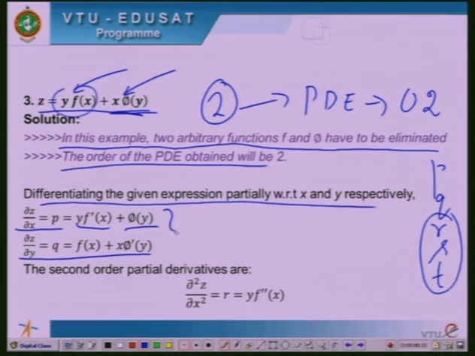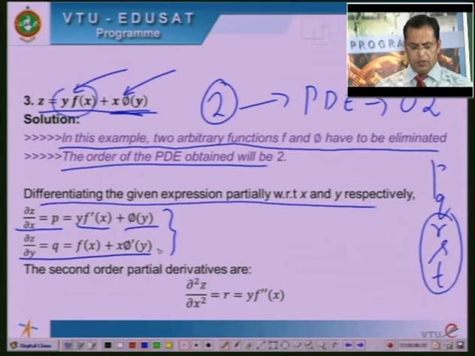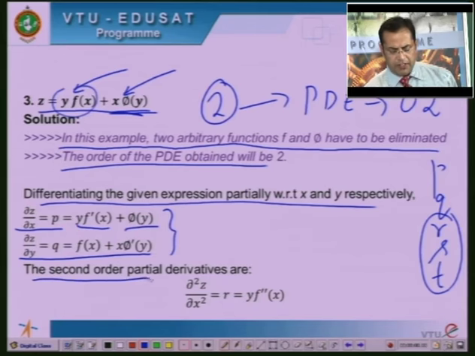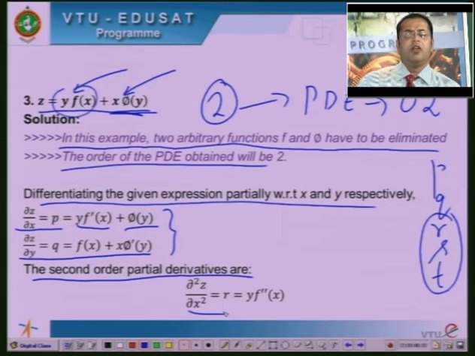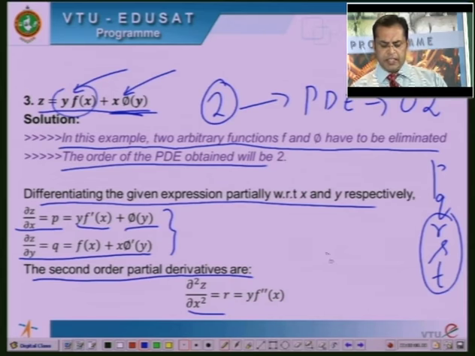You do not stop here because there are two functions to be eliminated. So, you go to the higher order derivative also. So, let us go to the next partial derivative, which is ∂²z/∂x². I think my friends you know ∂²z/∂x² is obtained by differentiating ∂z/∂x again with respect to x.